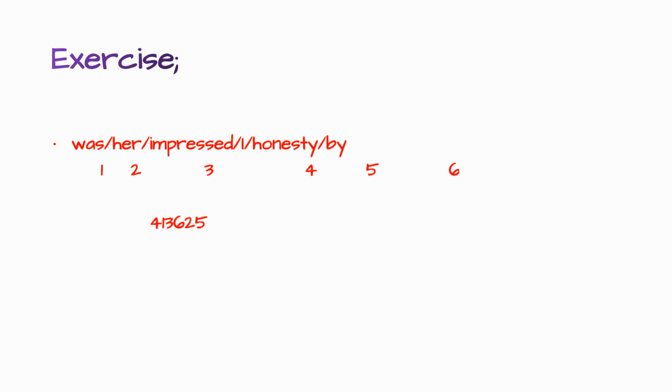Then the verb should be there. Okay, the auxiliary is there, no? Then the main verb: 3. Yeah. Impressed. I was impressed.